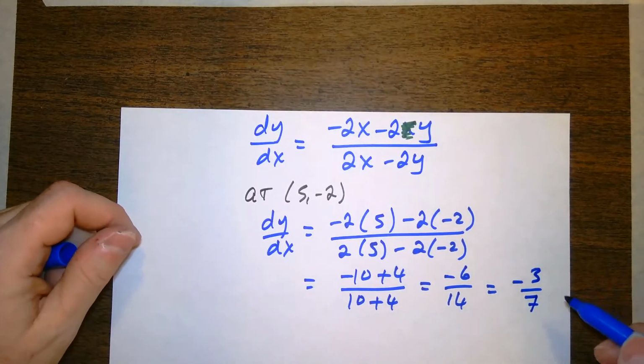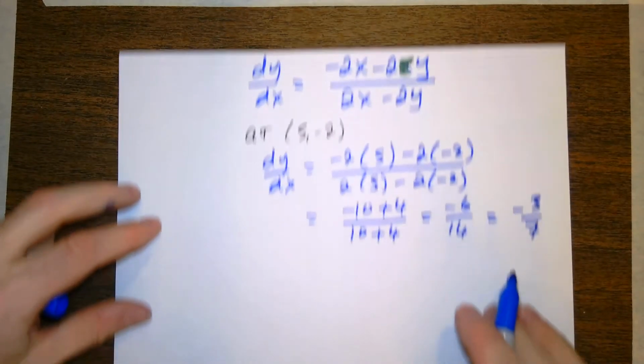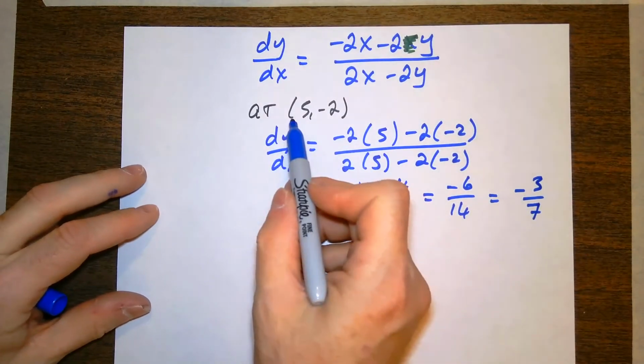So my slope is -3/7, and I've got a point.